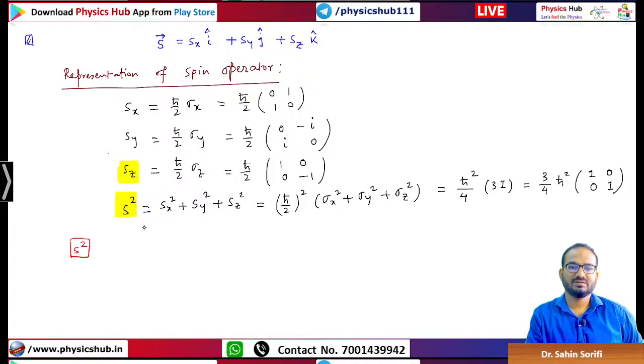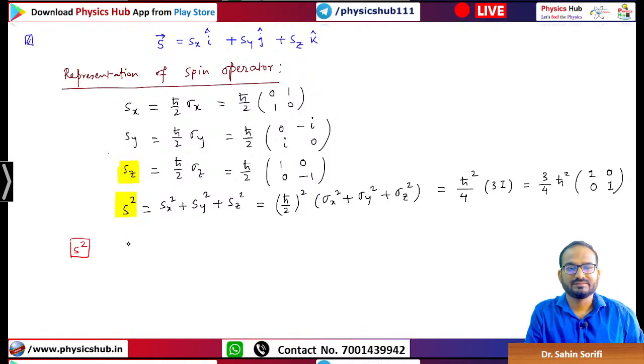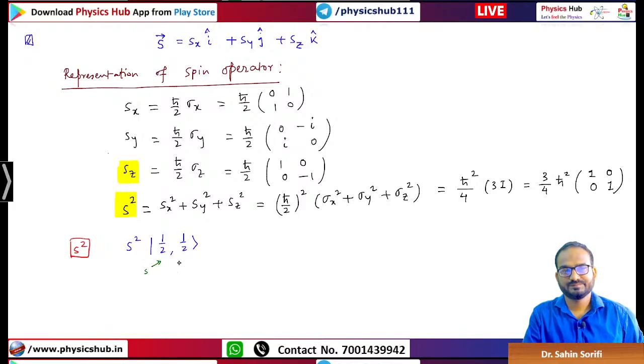If you talk about electron, spin is half. S square and Sz will also have a common eigenstate. So S square, let's say |half half>. What does the first term represent? It represents s, the spin quantum number, and the second the magnetic spin quantum number. So this term represents small s, and this term ms, we can say.